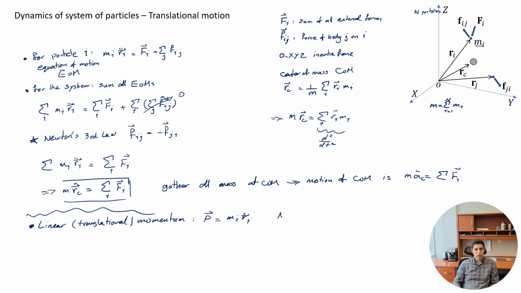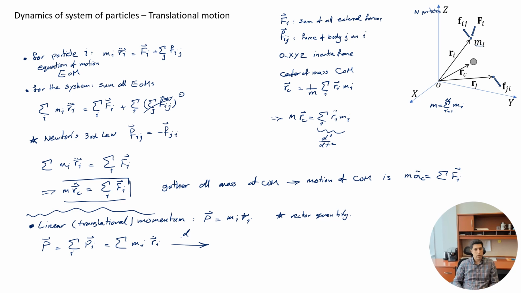So it is also a vector quantity. And what I can do is find the linear momentum of the whole system: P, and I can add all Pi to get the momentum of the entire system. What I have is the sum of mi r dot i.